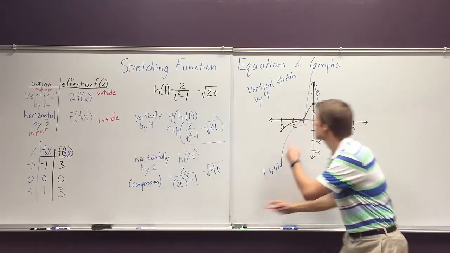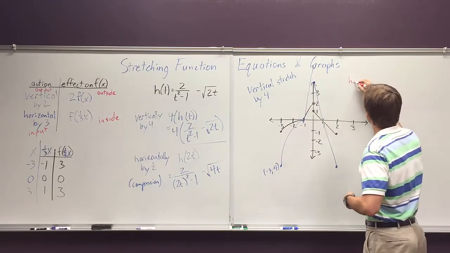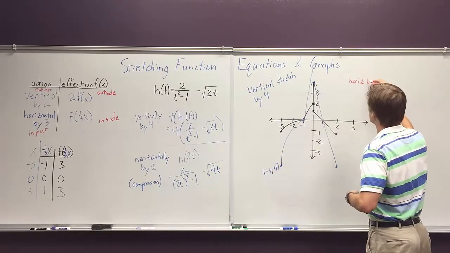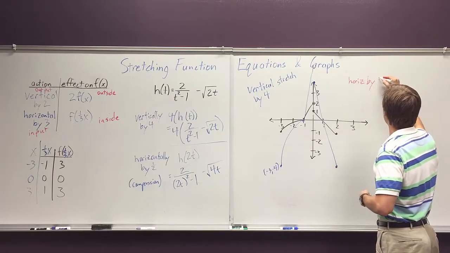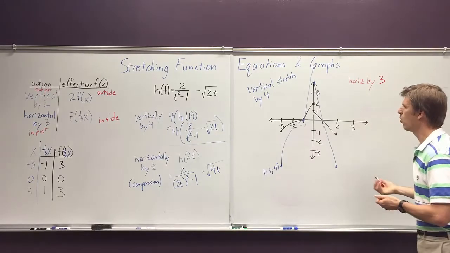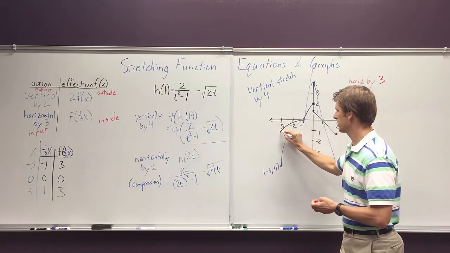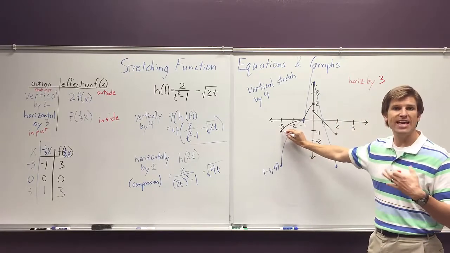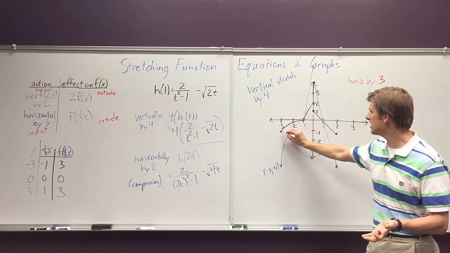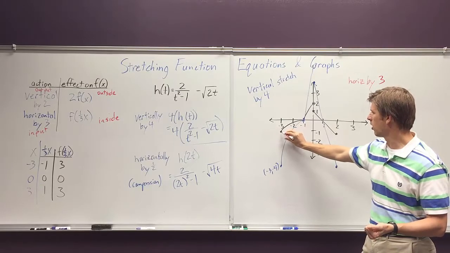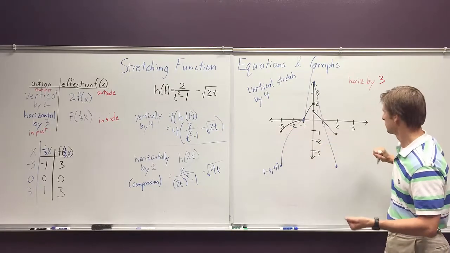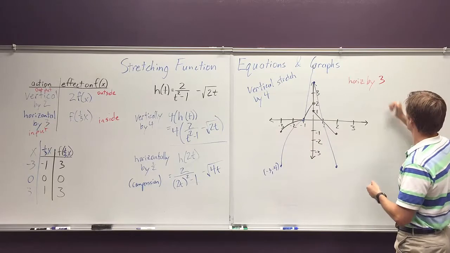Okay, let's do one last one here, then we'll be done. How about a horizontal stretch by 3? Okay, a horizontal stretch by 3, starting again with these. That's going to leave the outputs unchanged, but the inputs will be changed. Oh my, 3. So that's maybe a little large for my picture.